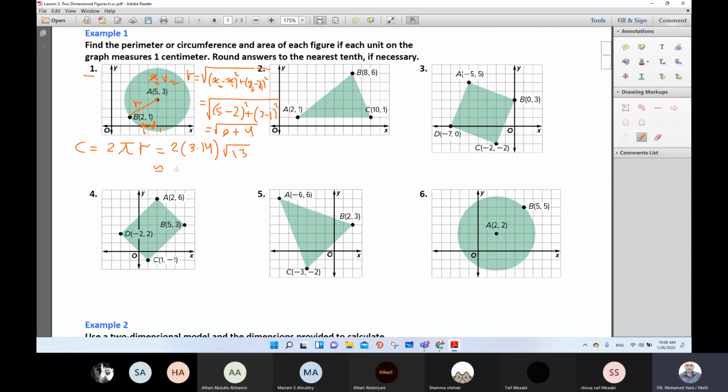So approximately we can find the square root of 13. The circumference equals about, here we have 2 times 3.14, and here we can use the calculator to solve approximately what is the square root of 13, about 3.6.